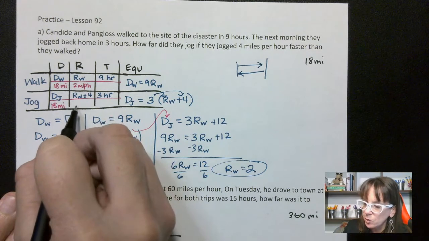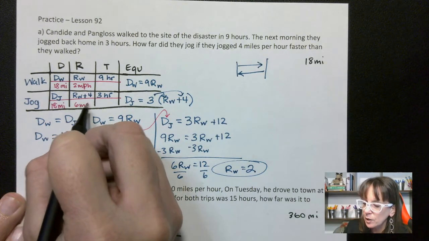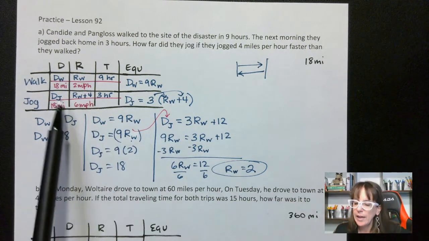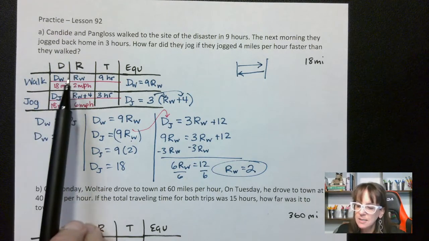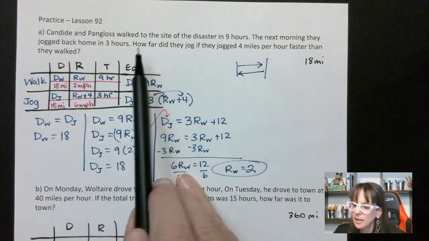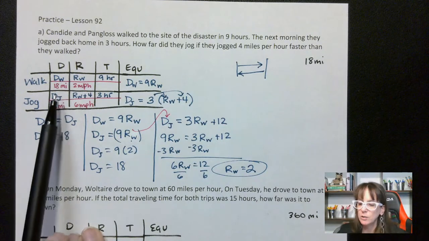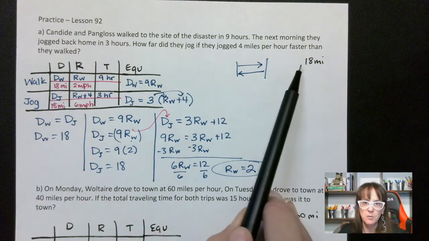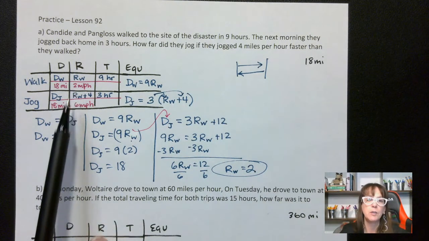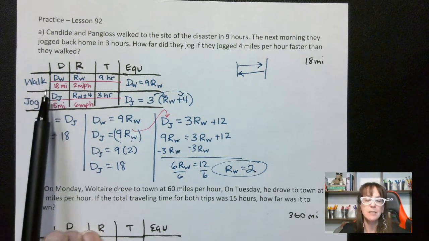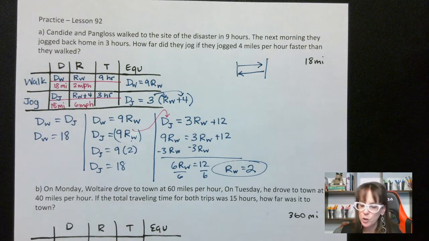So 2 plus 4 gives us 6 miles per hour. The question asks, how far did they jog? They jogged 18 miles at a rate of 6 miles per hour. They walked the same distance, 18 miles, at a rate of 2 miles per hour.